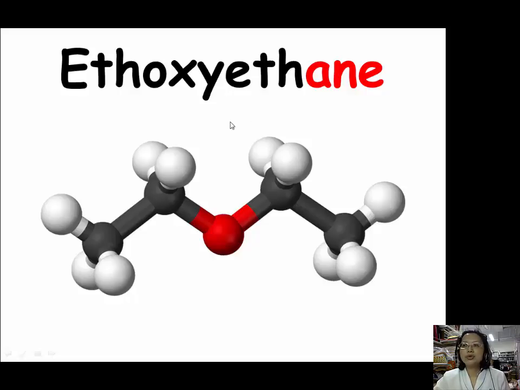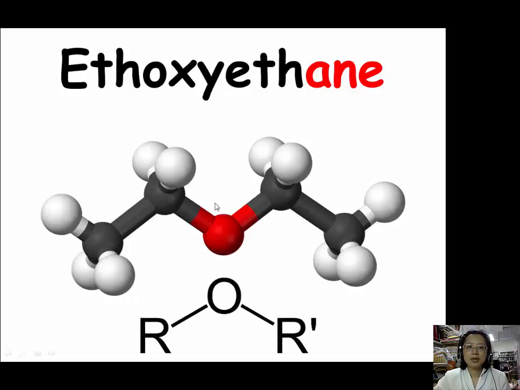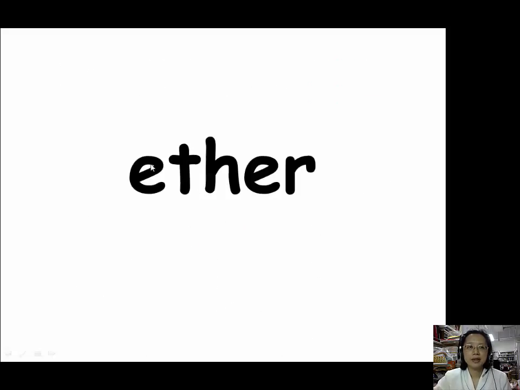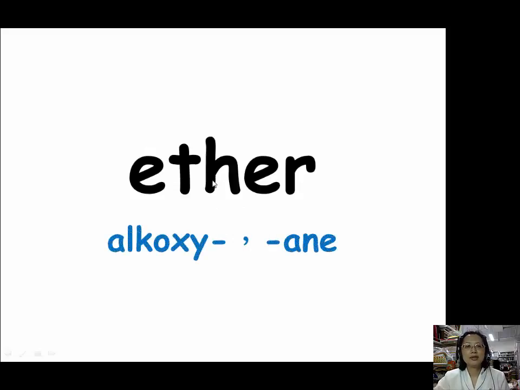It is commonly used as a solvent and was once used as a general anesthetic. It has narcotic properties and has been known to cause temporary dependence. The structure of diethyl ether. And let's review what we learned. For ether, we can use the prefix alkoxy or the suffix ane.